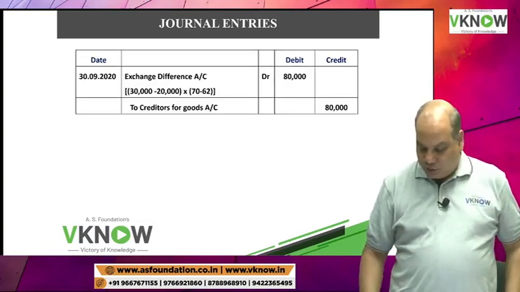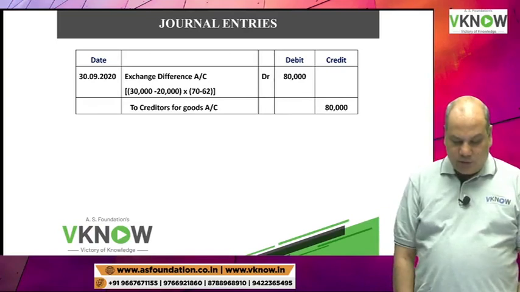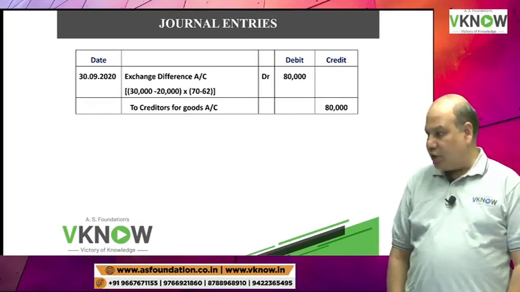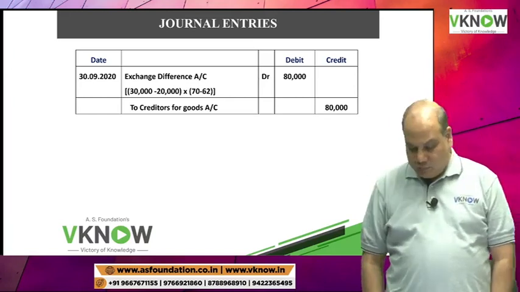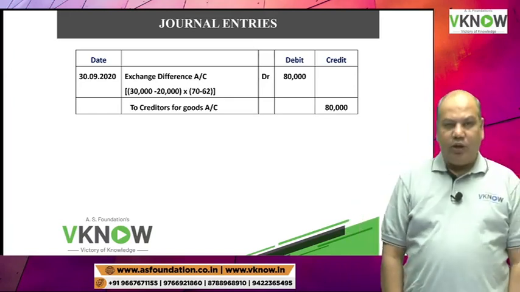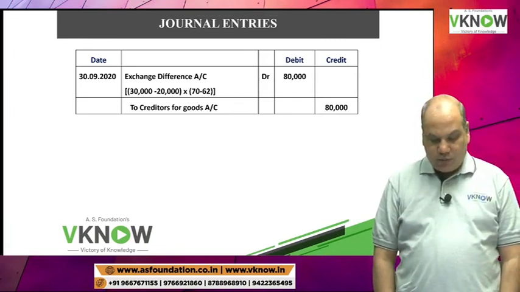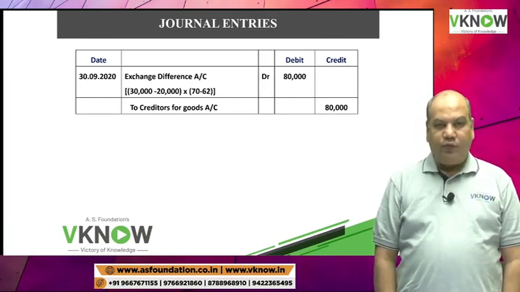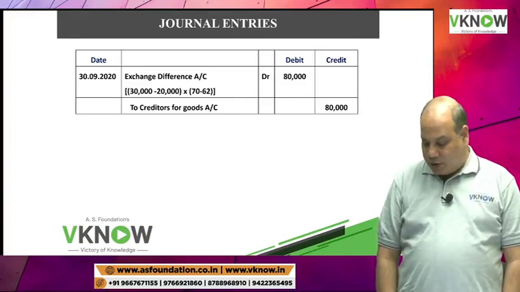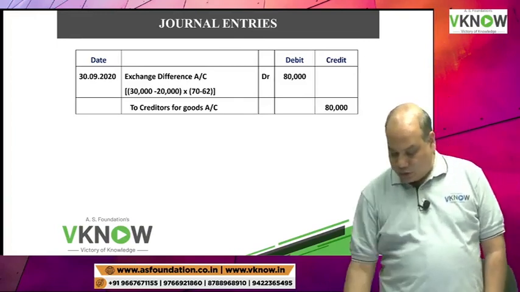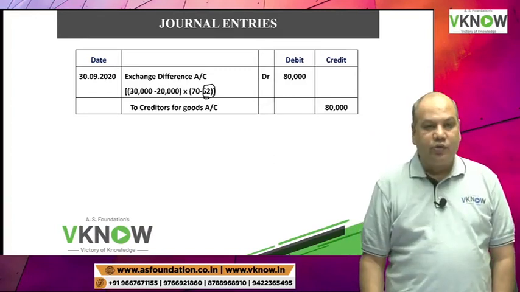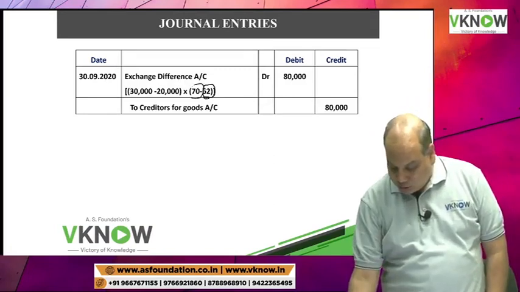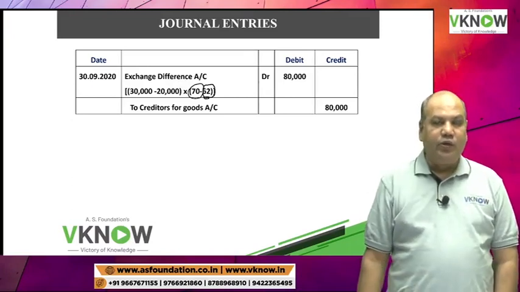So please write an entry, 30th September 2020. We'll take one by one. First we'll take exchange difference account debit 80,000. Why 80,000? Because when the creditor for goods was recorded, the rate was 62 and now at year ending date, the rate is 70.